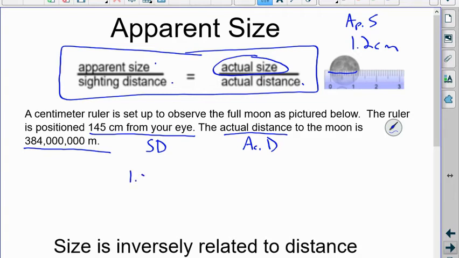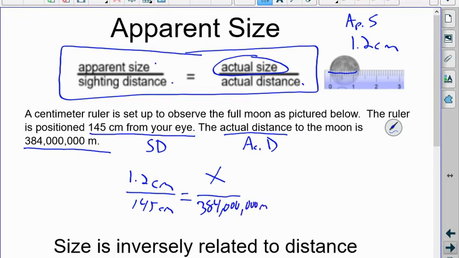I have 1.2 centimeters over the sighting distance, 145 centimeters, is equal to the actual size, x, over the actual distance, 384 million meters. My centimeters cancel out. My unit will be in meters.